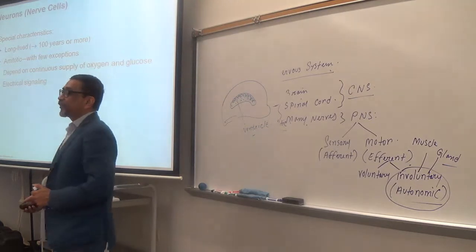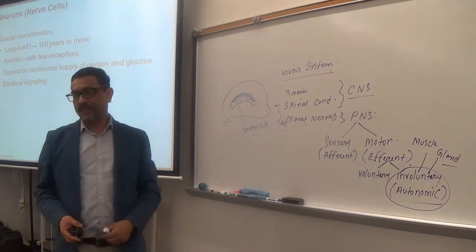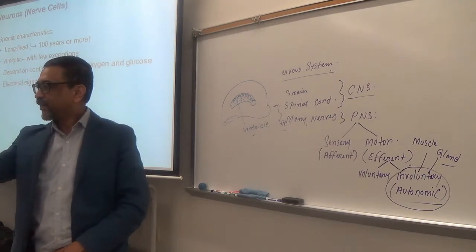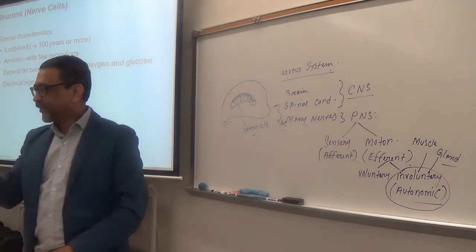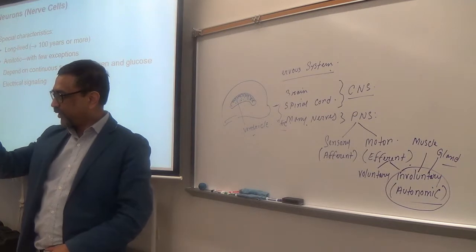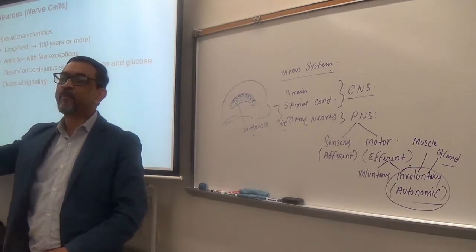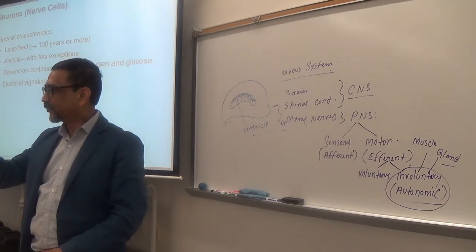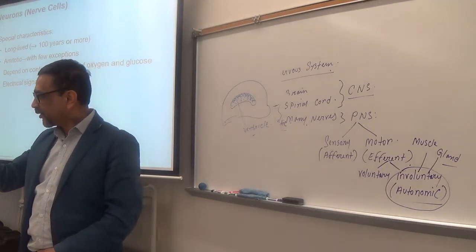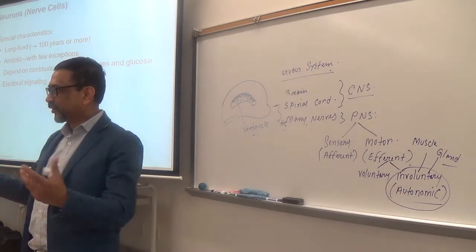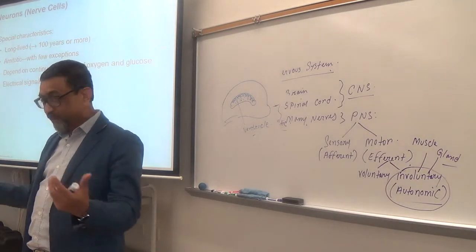Most of the neurons are amitotic. If you see the letter A, it means absence. Amitotic means absence of mitosis. Mitosis is what? Split of the cell, cell division.